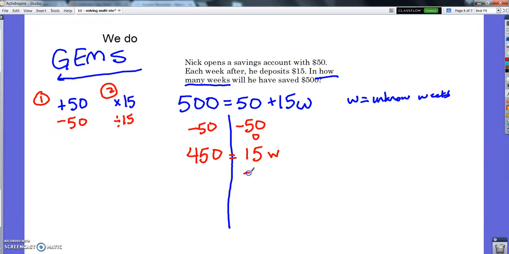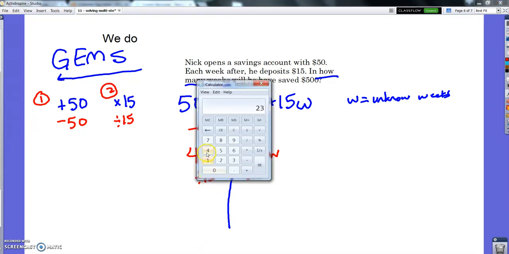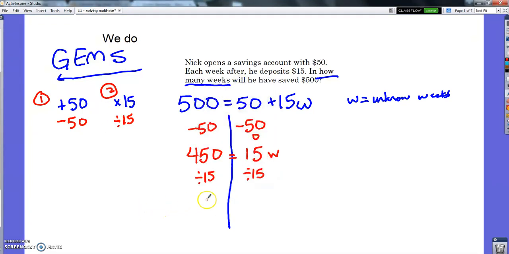And so now I've got to divide by 15, divide by 15, and 450 divided by 15 is 30. So 30 is my number of weeks. So it takes him 30 weeks to do that.